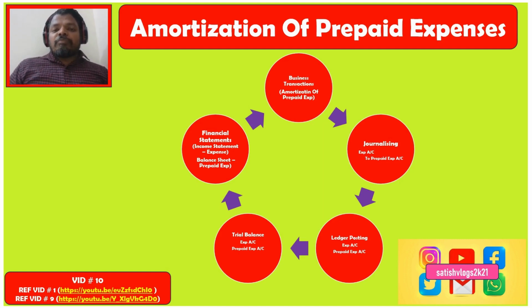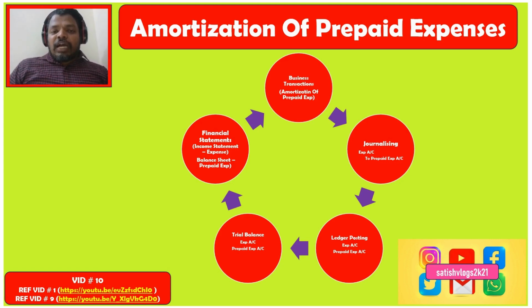So the prepaid expense needs to be recognized as an expense for the current period, right? As I need to recognize the expense, the expense needs to be debited, because the expense falls under a nominal account. As per the golden rule of the nominal account, all expenses and losses need to be debited and all incomes and gains need to be credited.